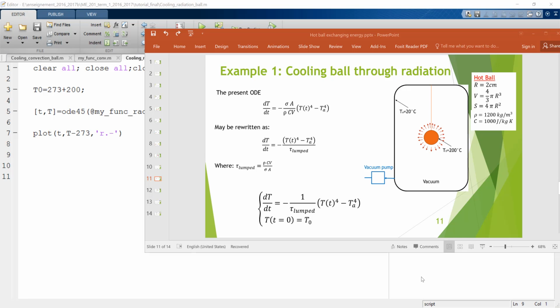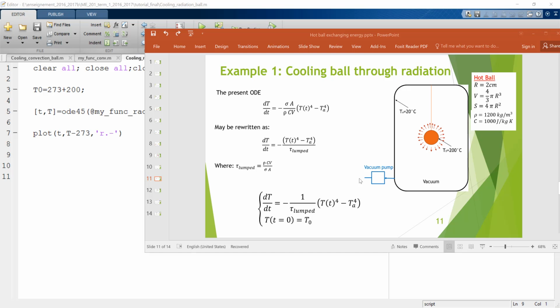So hello everyone, this is the first example, cooling ball through radiation. We have this ball heated to T0 at time equals 0, to 100 Celsius.